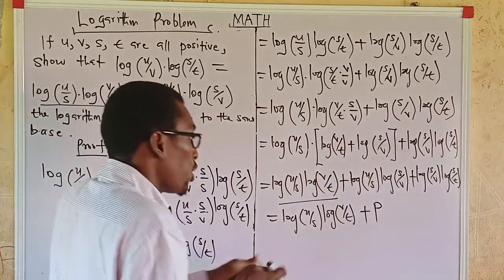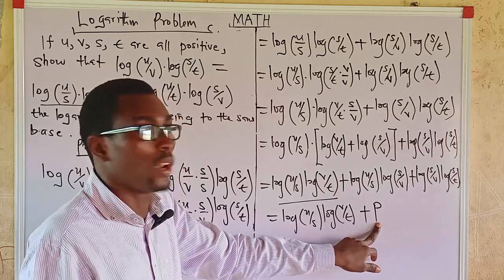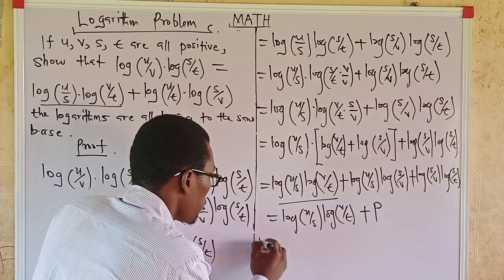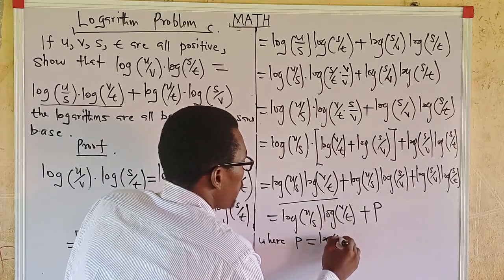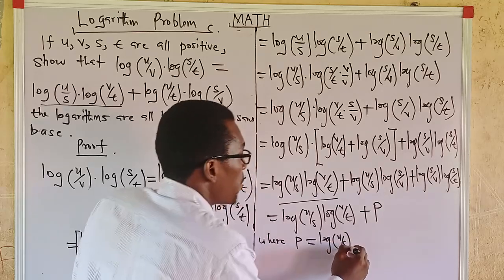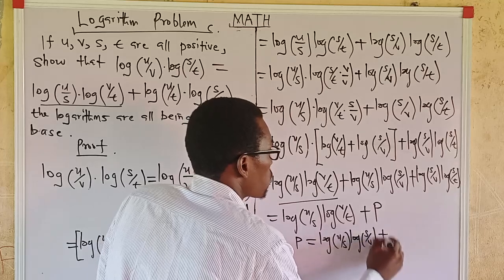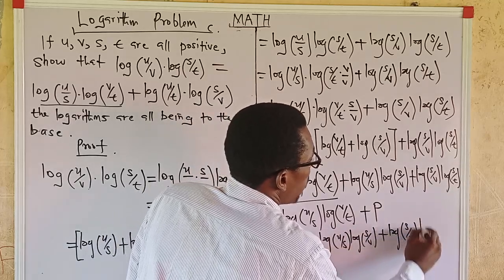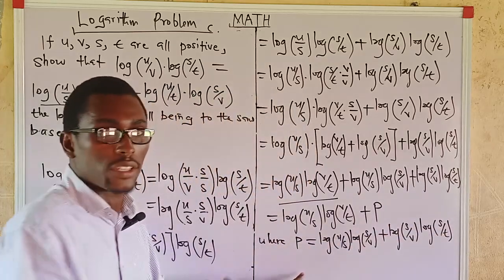So let me write it. Now, you know, when you are carrying out a mathematical proof, if you introduce a new letter, you have to define what the letter is. So we can say where P is equal to log to an arbitrary base of U over S multiplied by log to an arbitrary base of S over V, plus log to an arbitrary base of S over V, once again, multiplied by log to an arbitrary base of S over T. So you have to indicate what P is, and this is what P is.